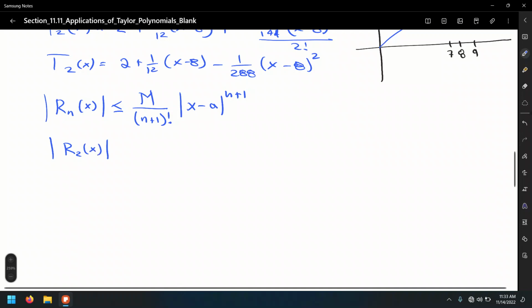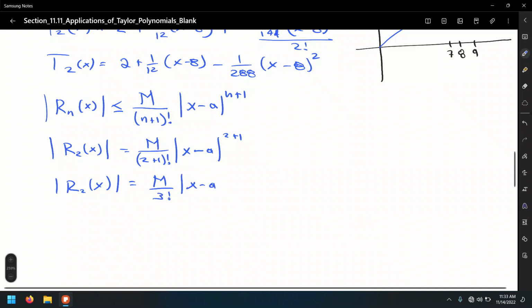So that remainder will be at most the next term, the following term, which in this case is just big M over 2 plus 1 factorial times x minus a to the 2 plus 1, which, let me keep simplifying this. Big M over 3 factorial times x minus a to the third power. So we need to work with that. Wait, no, it's not equal. It's less than or equal.